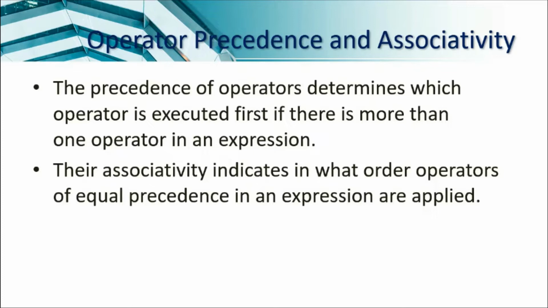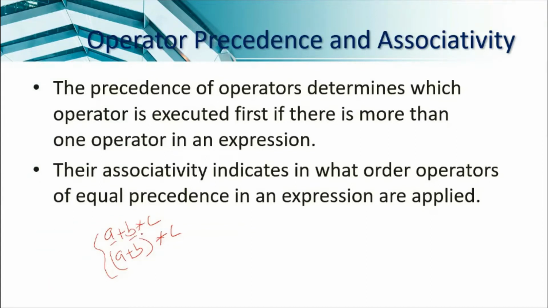If we have more than one operator in an expression, like A plus B into C, the same expression can be written in another way, using brackets, as A plus B, then into C. In these two cases, even though the operators are the same, plus and multiplication, and the operands are the same, A, B, and C, the result will be different.